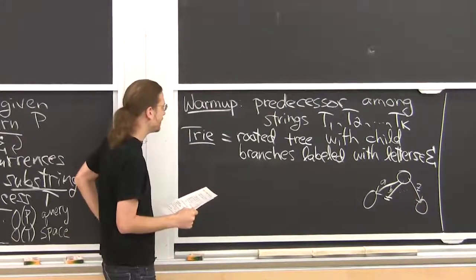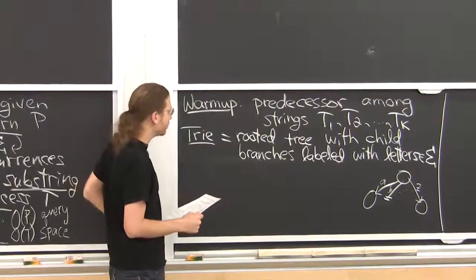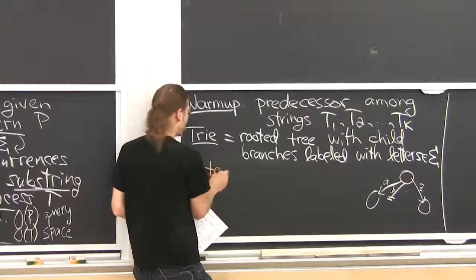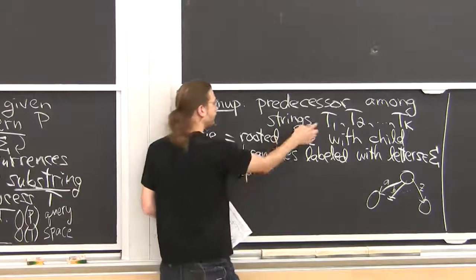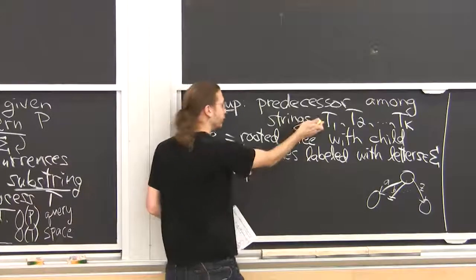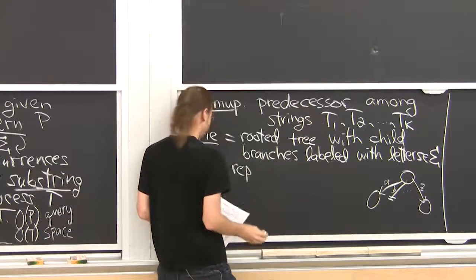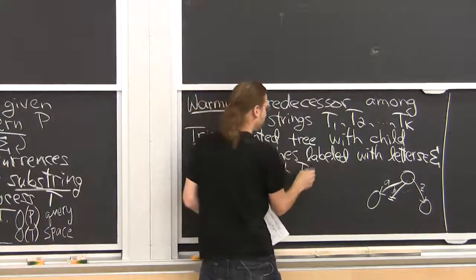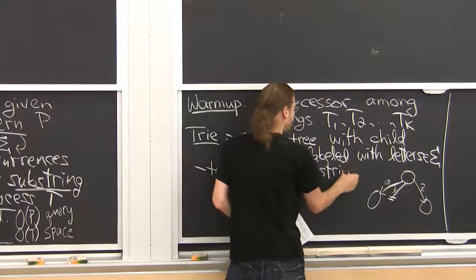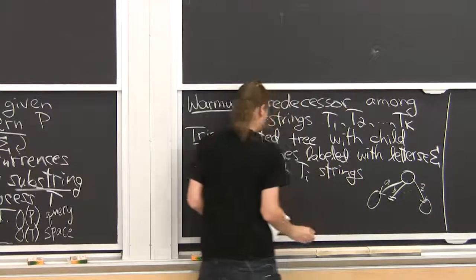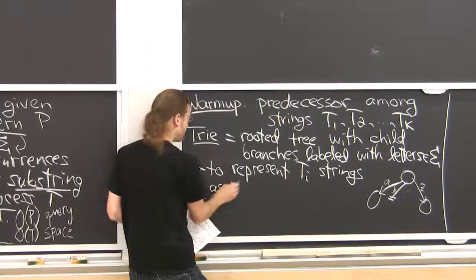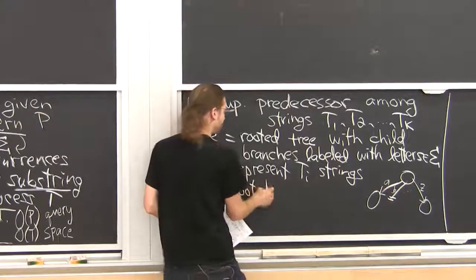Okay, so that's a trie. Now, to make this actually work, what we'd like to do is represent our strings. So how do we use this structure to represent strings t1 through tk? We're going to represent those strings in the obvious way, which we've done many times in the past when we were doing integer data structures, as root to leaf paths.